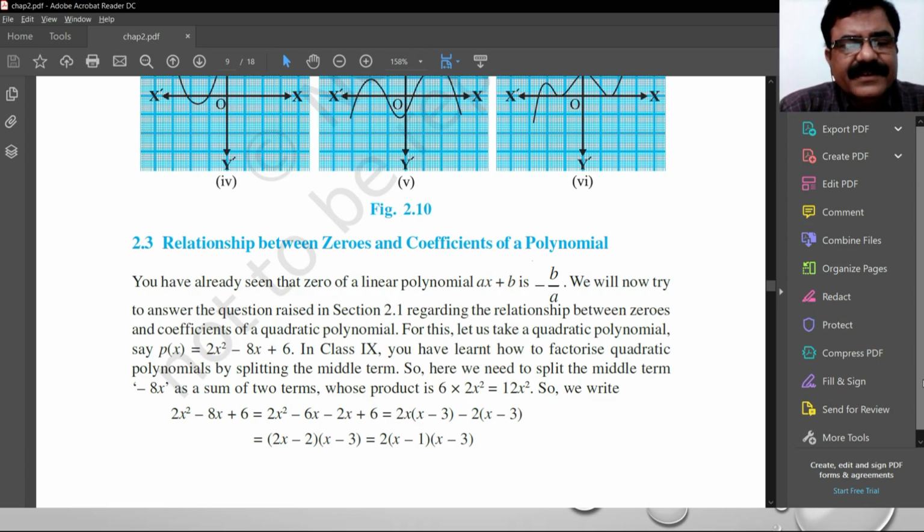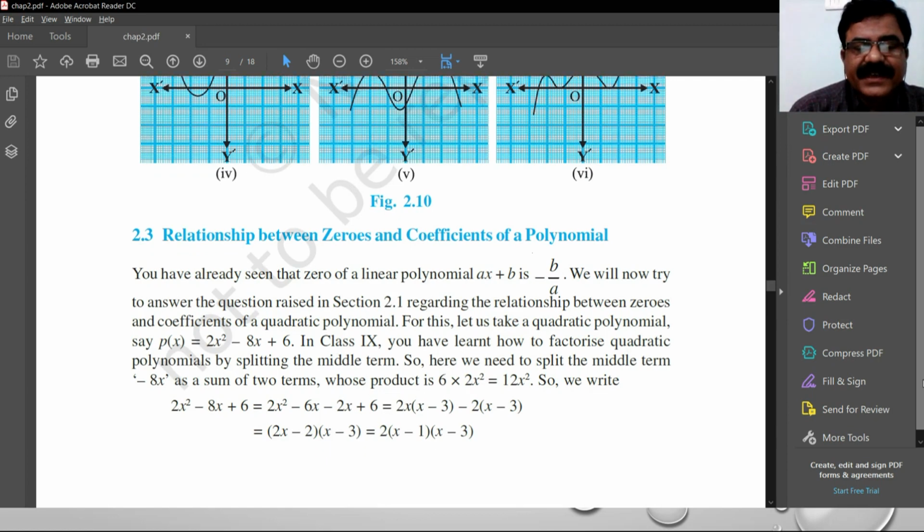So we write 2x square minus 8x plus 6 is equal to 2x square minus 6x minus 2x plus 6, as 2x into x minus 3 minus 2 into x minus 3. The two factors will be 2x minus 2 and x minus 3, so 2 into x minus 1, x minus 3.